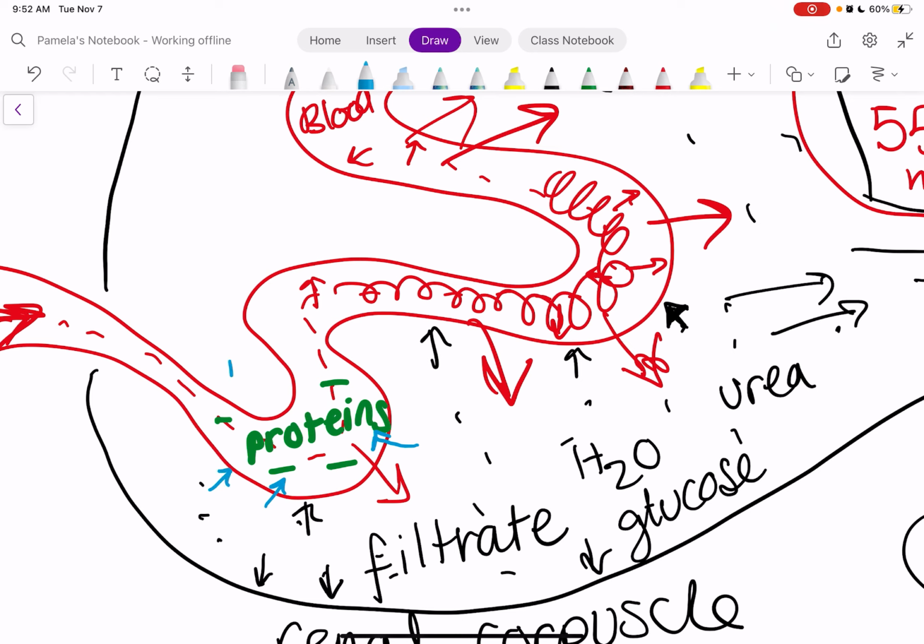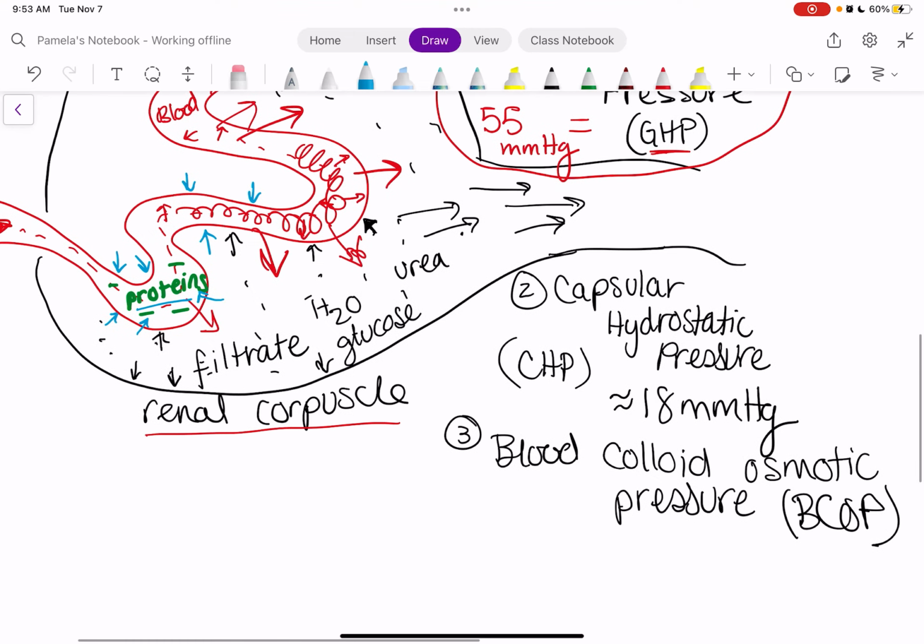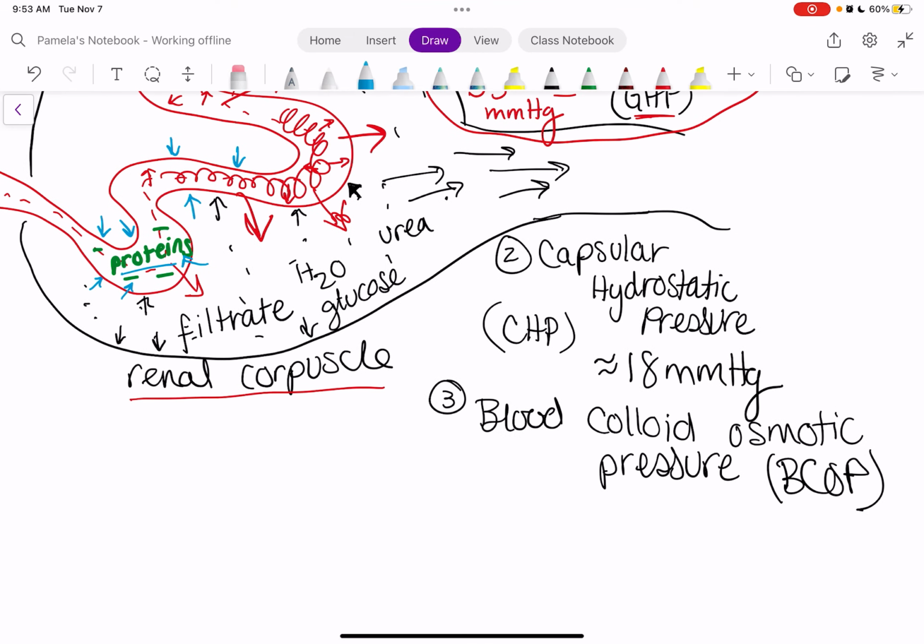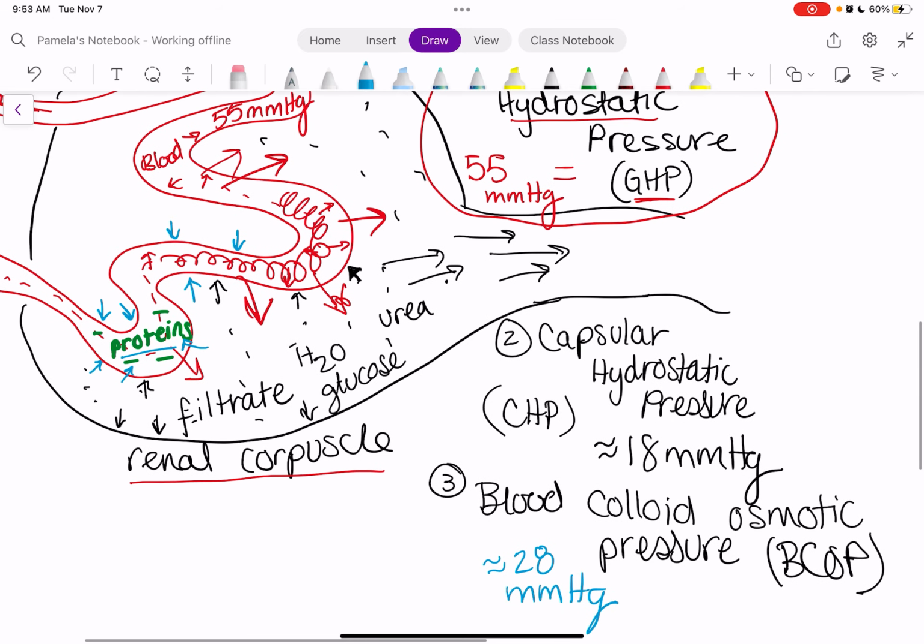These proteins have a tendency to draw water into the glomerulus, into the glomerular capillaries. And so this pressure, BCOP, is just like it is everywhere else in the body, approximately 28 millimeters of mercury. It's just due to the concentration of proteins in our blood, because the proteins attract water. And so they draw water from the capsular space and try to get it to come back into the capillaries.